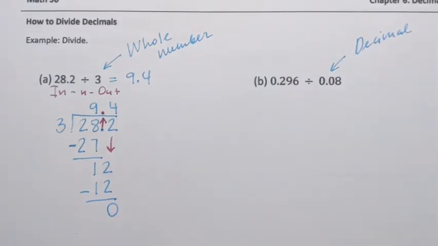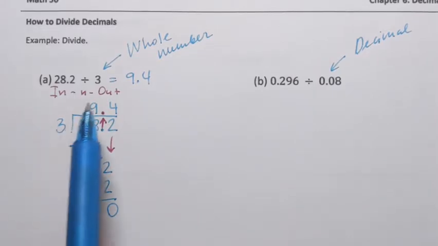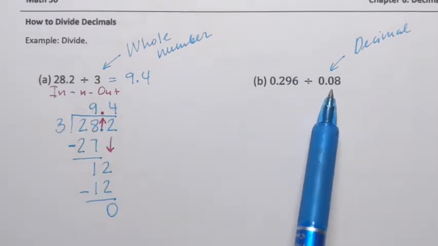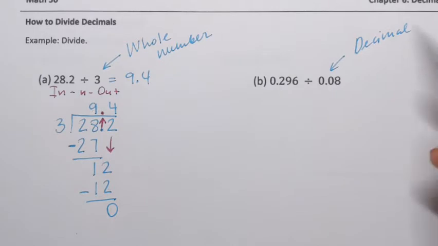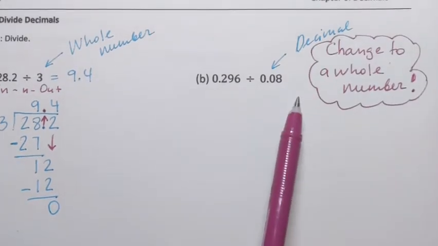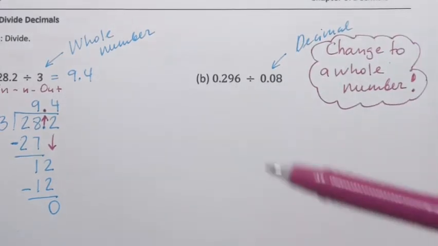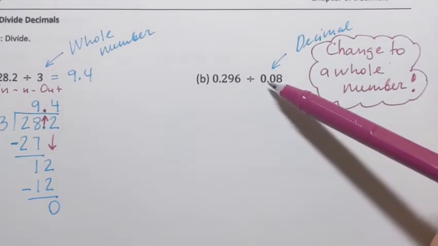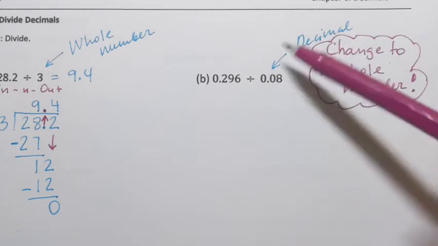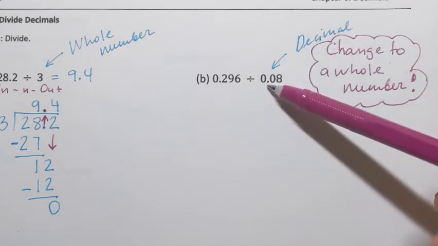That means that before we start long division, we have to change this decimal to a whole number. So, how do we change this decimal to a whole number? We do that by moving the decimal point far enough so the number becomes a whole number. So where do I have to place it?